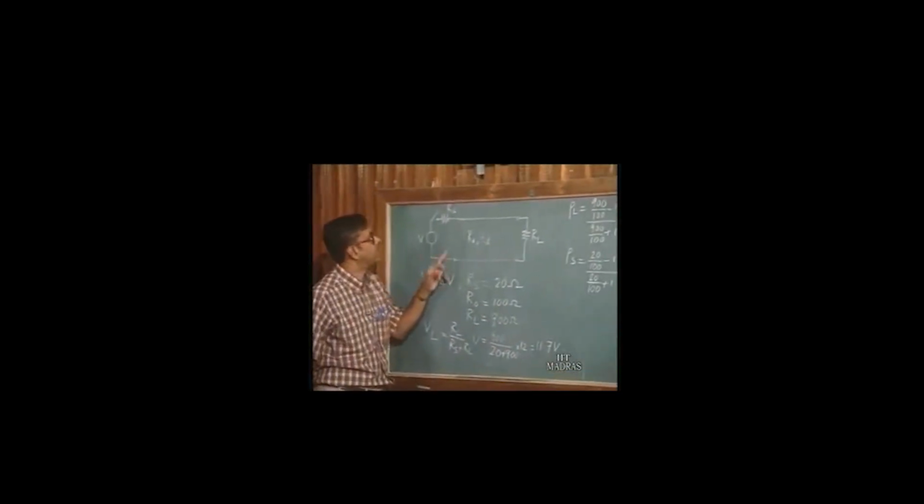Initially, a voltage front will move from the source end to the load end. Now what is the value of the voltage front? Here you see that at this end, this is R naught and this is Rs.